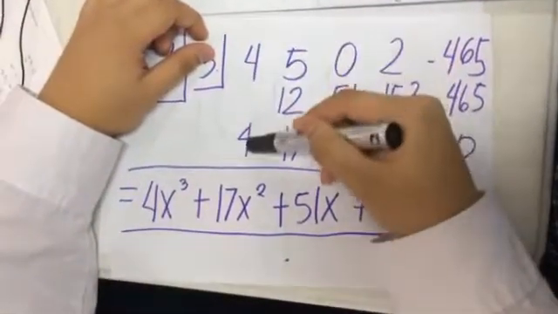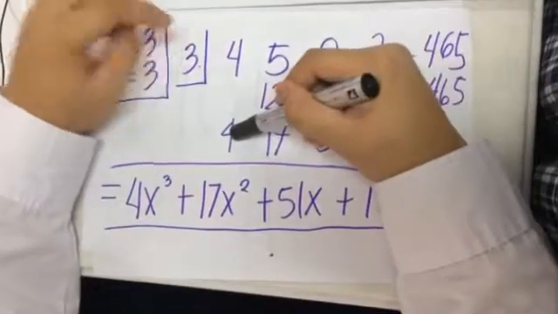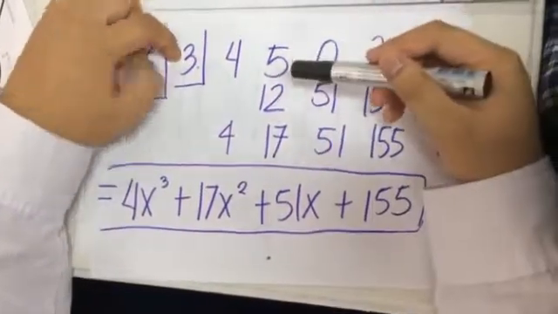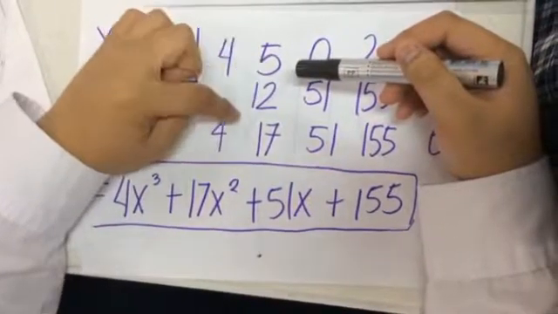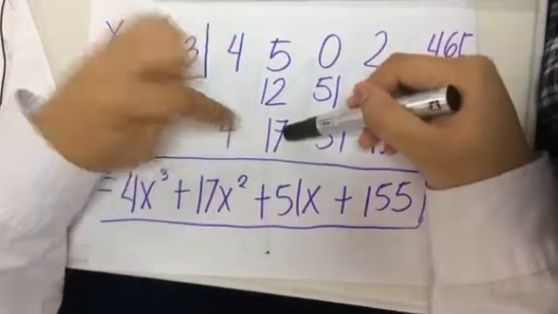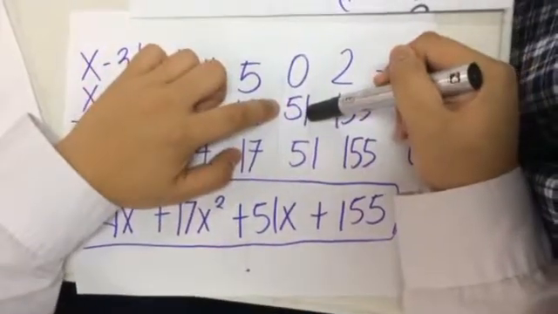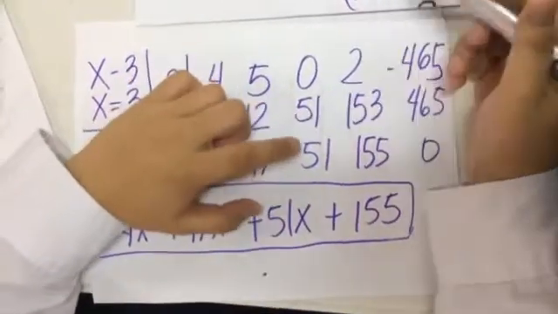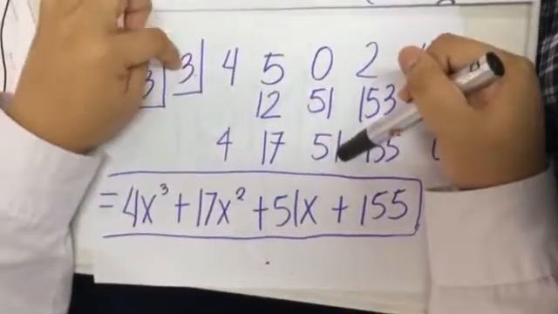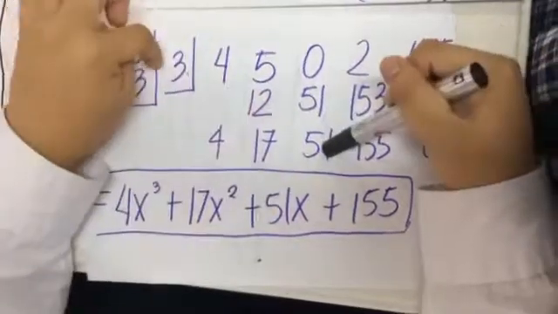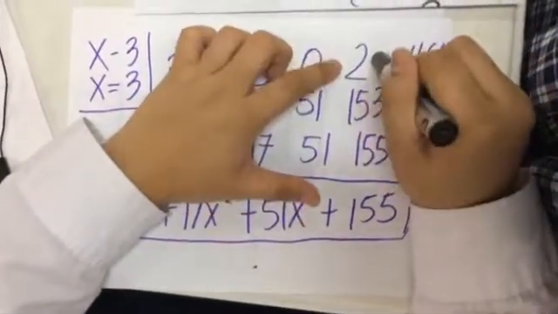Let's start by copying the first number and multiplying it by 3. 3 times 4 is equal to 12. Then 5 plus 12 is equal to 17. Then multiply 17 by 3. Now we have 51. Since we don't have a coefficient for the squared term, we let 0 be the number for it. 0 plus 51 is still 51. 51 times 3 is equal to 153.